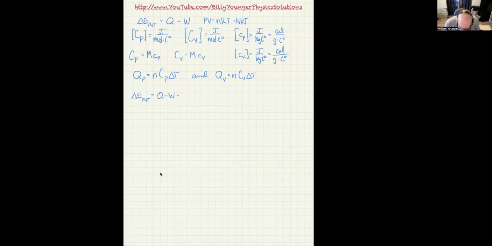But if we're considering the case of constant volume, then delta E internal is equal to Q sub V. And it's only Q sub V because work is equal to the integral of P dV.